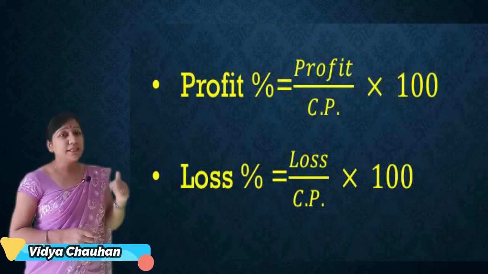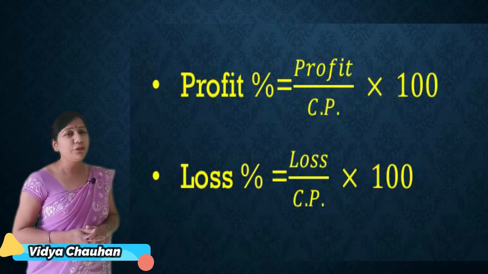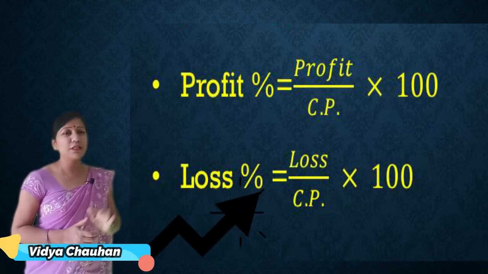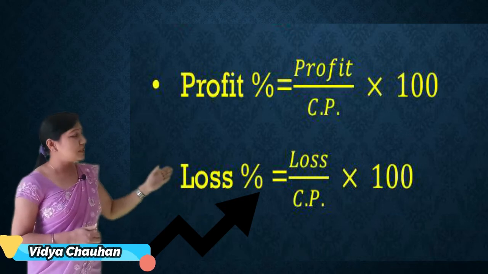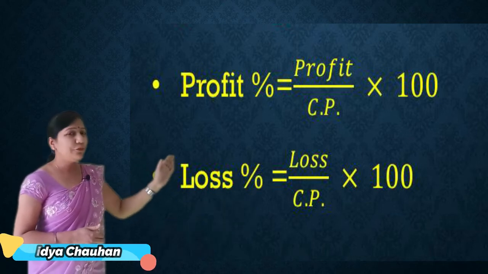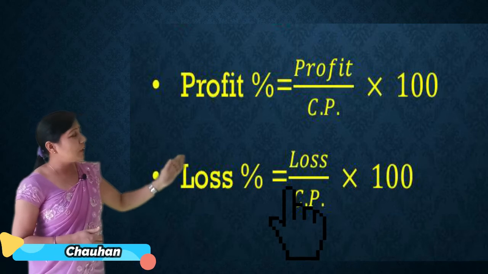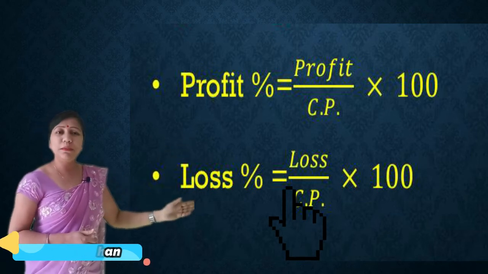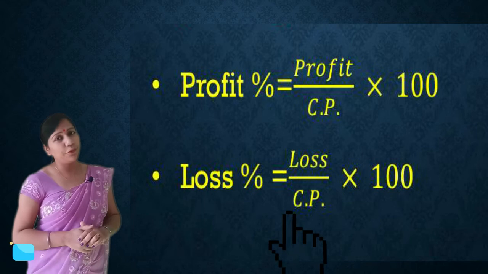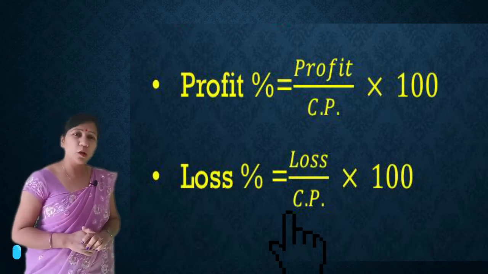Clear, students? Similarly, if it is said that you have to find loss percent, so how much percent of loss is there? Once again, for loss the formula is the same, only the difference: loss percent is equal to loss upon CP multiply by 100. So that is the formula for loss percent.